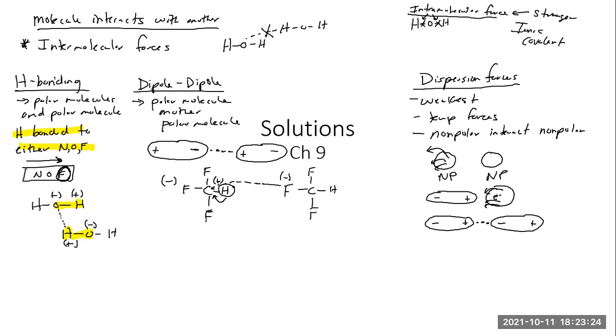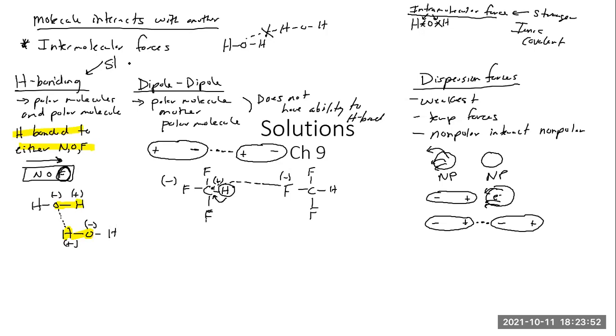Your dipole-dipole interaction is when two polar molecules come together that do not have the ability to hydrogen bond. And hydrogen bonding is also between polar and polar molecules that have the ability to hydrogen bond. The strongest interaction out of all these is hydrogen bonding.